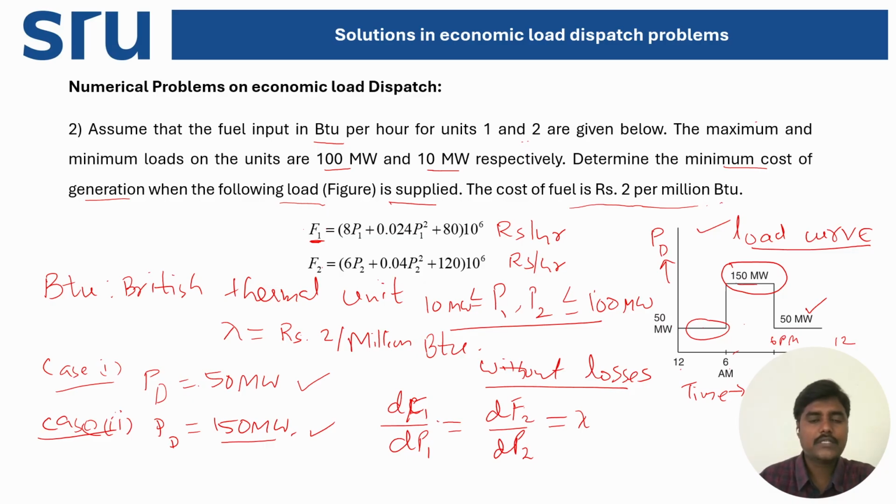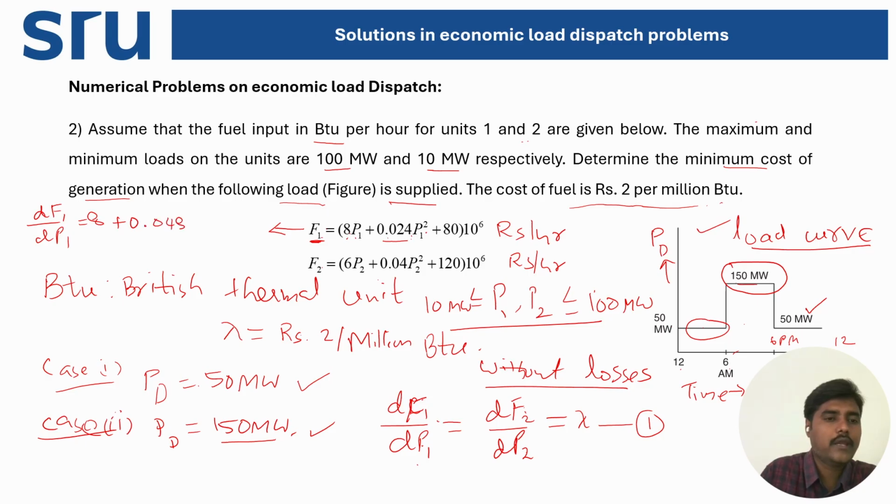Now use this equation and use PD is equal to 50 megawatt. Let's say this is equation 1. We can substitute dF1 by dP1 and dF2 by dP2. How to get dF1 by dP1? Just differentiate the first equation. If you differentiate this, you will get dF1 by dP1 is equal to 8, since differentiation of 8P1 with respect to P1 gives 8, plus 0.024 into P1 square. Differentiation of 0.024 into P1 square becomes 2 into P1, so it becomes 0.048 into P1.